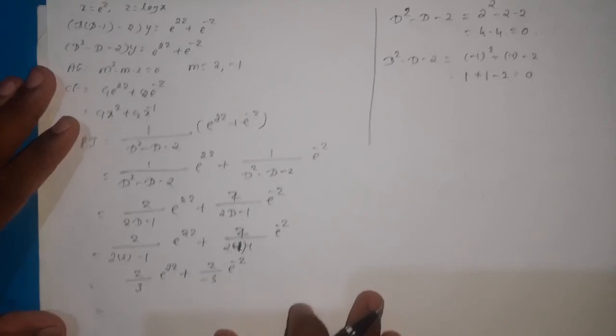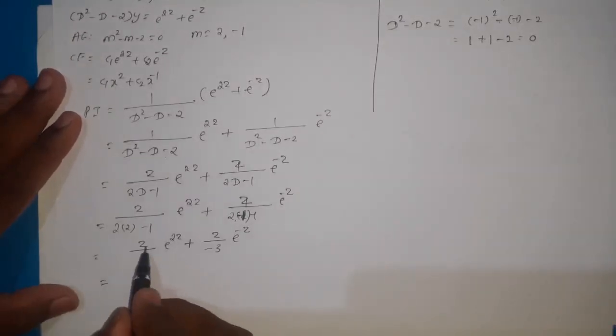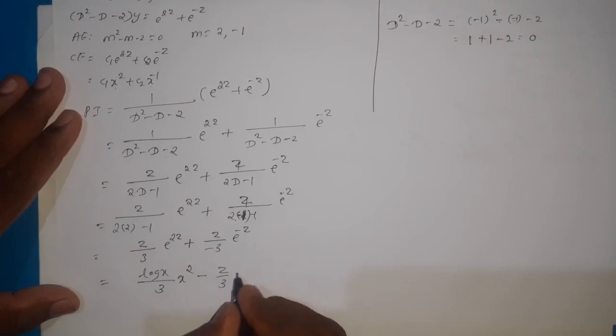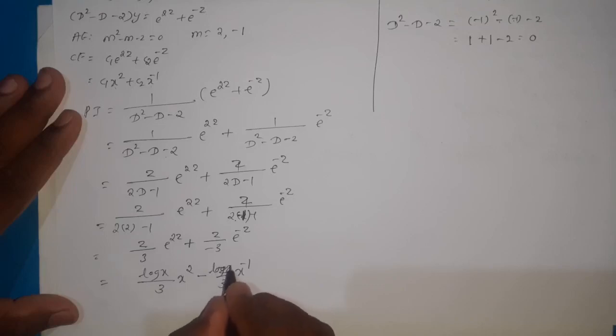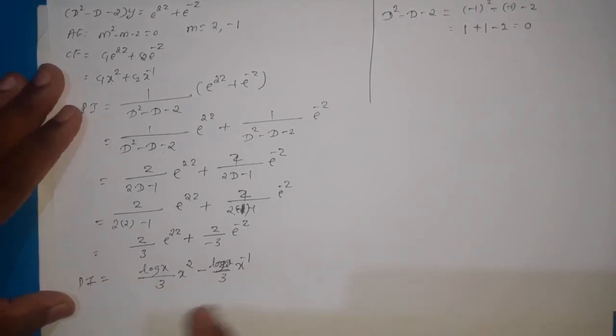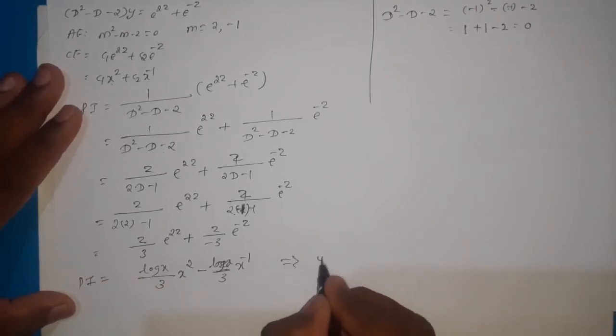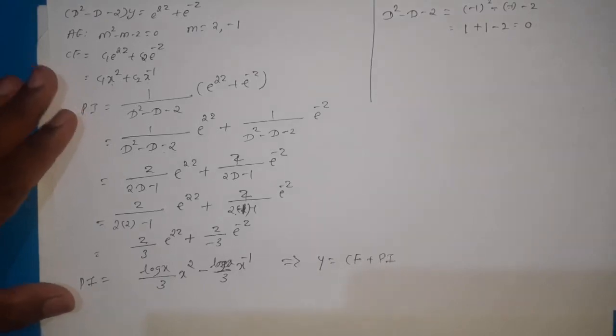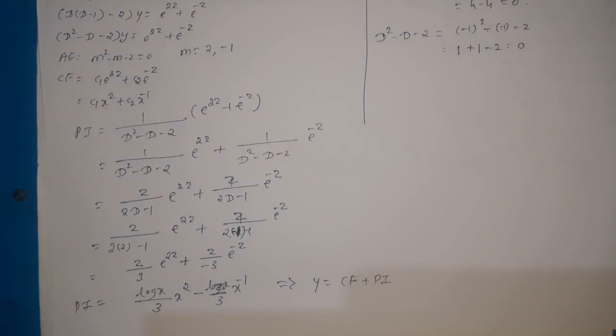So therefore here z equal to log x, so log x divided by 3 e power 2z is x square, minus z by 3 e power minus z is x power minus 1, and here z equal to log x. So this is the particular integral. Then the complete solution is y is equal to CF plus PI, which is the required complete solution.